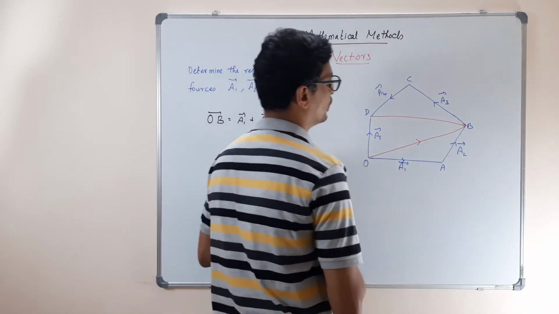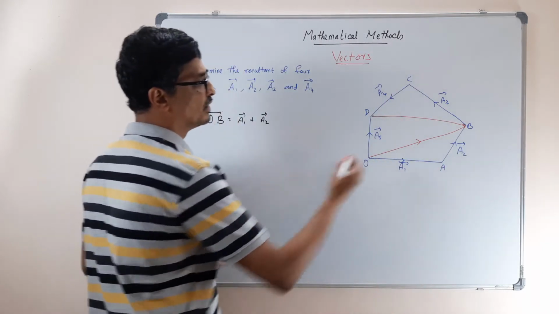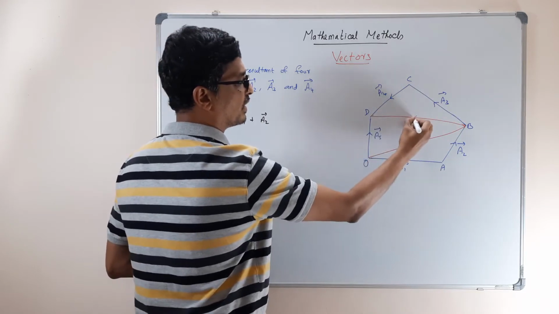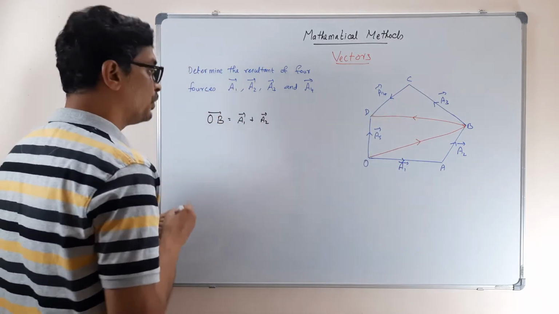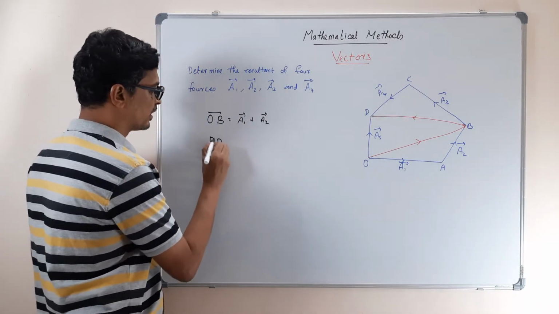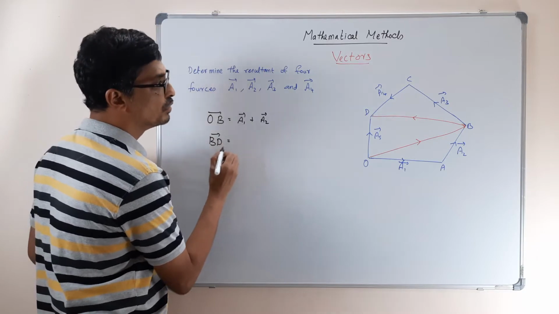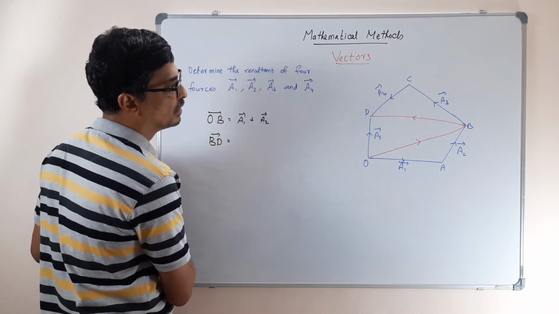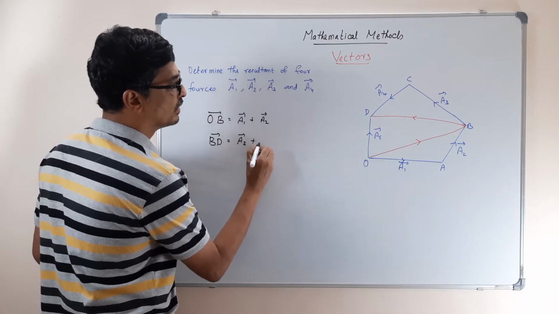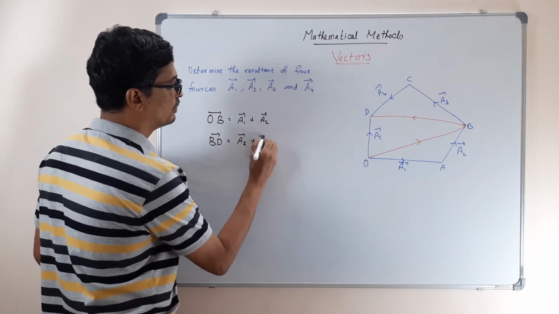BD vector. What will be the direction of the BD vector? B to D, this one. Therefore, tell me, what will be the BD vector? BD vector will be equal to A3 vector plus A4 vector.